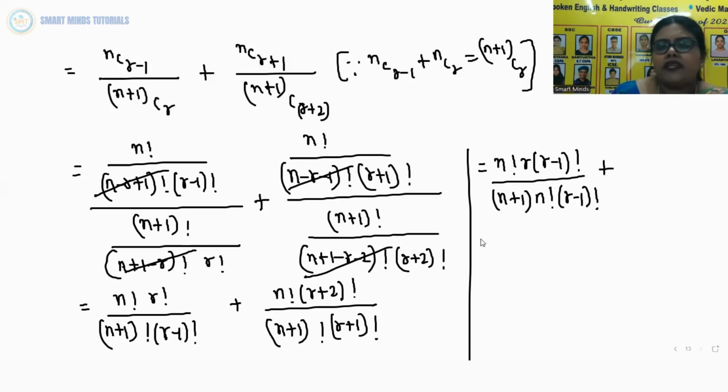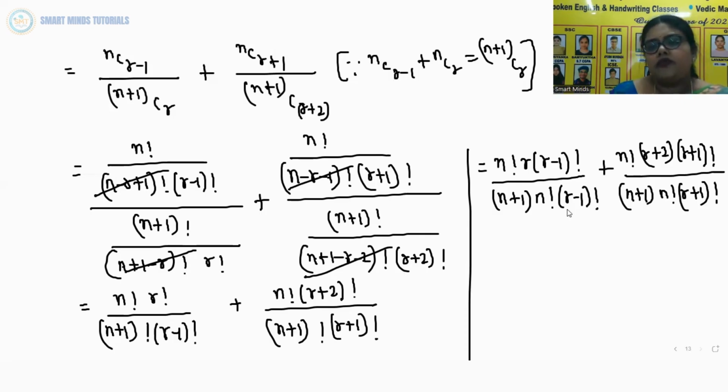So n! (r+2)(r+1)! / ((n+1) n! (r+1)!). We are reducing so that we can cancel the factorials. These two cancel, these two cancel, then this n! cancels, and (r+1)! cancels.